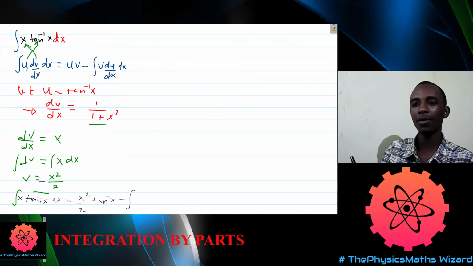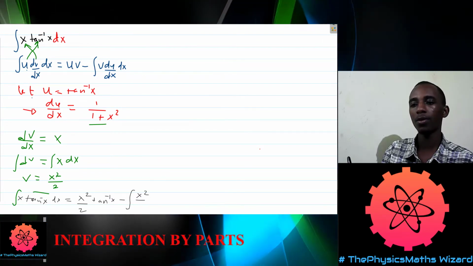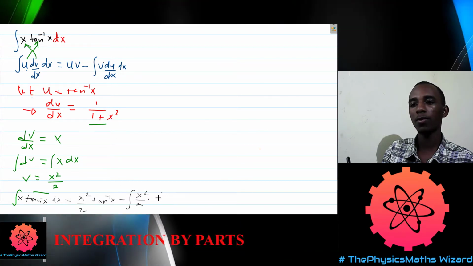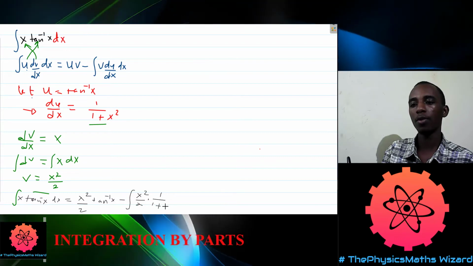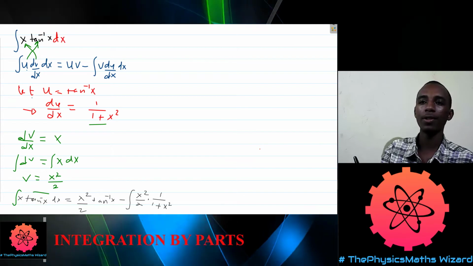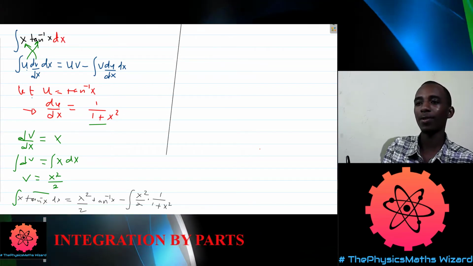So what's our value of v? That's x squared over 2. Our value for du/dx is 1 divided by 1 plus x squared. Okay, so just draw a line here to separate.